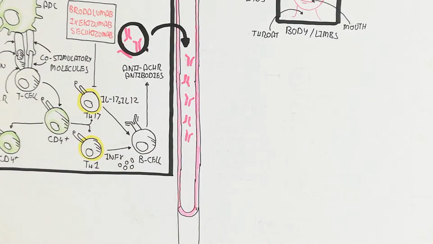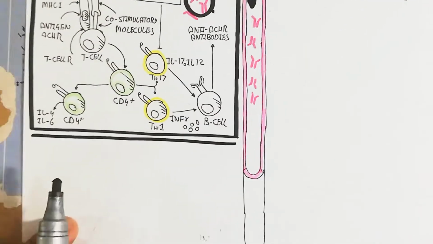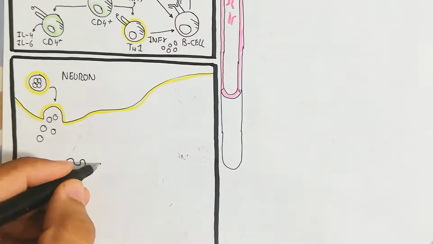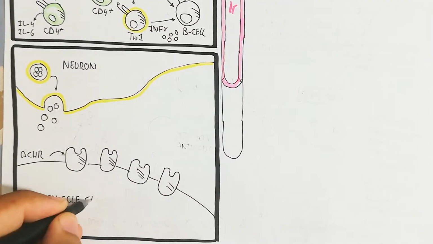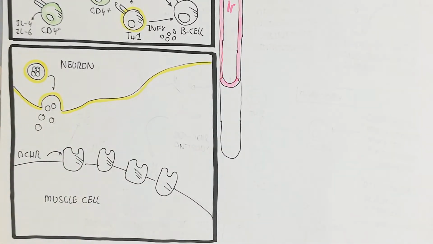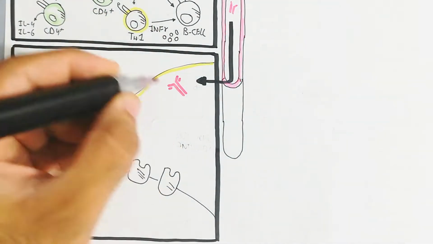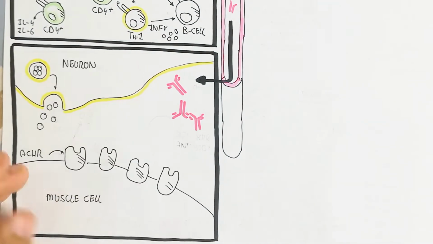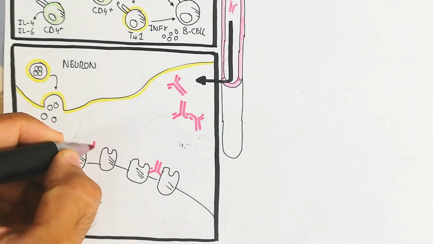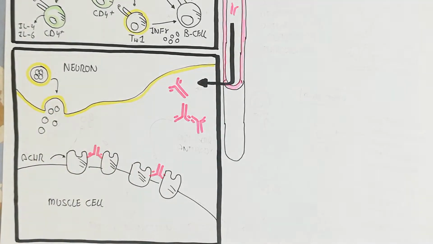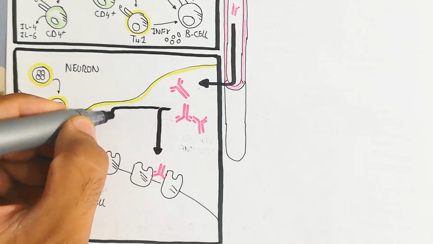I can't pronounce it. So here you can see that after antibody production, the autoantibody, the anti-acetylcholine receptor antibody, goes through the blood circulatory system to the neuromuscular junction. The immunoglobulin binds in this manner.